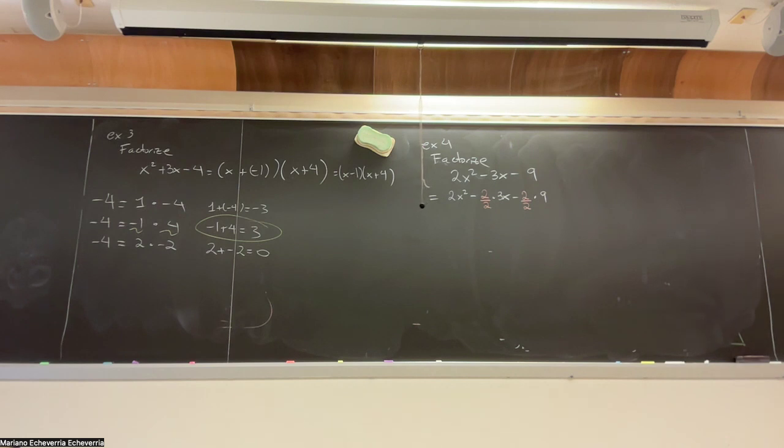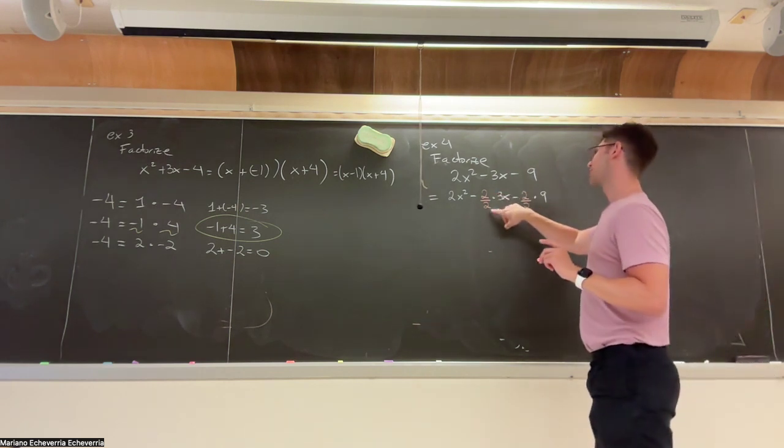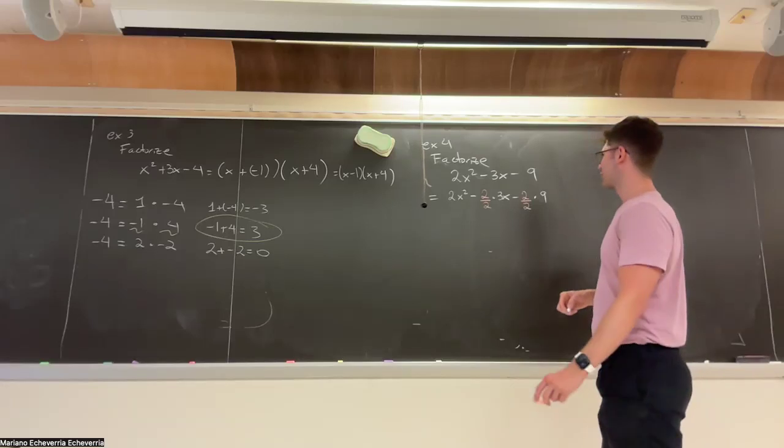Because 2/2 is one, so I'm not doing anything if you multiply by one, if that makes sense. So 2/2 is one, 2/2 is one.